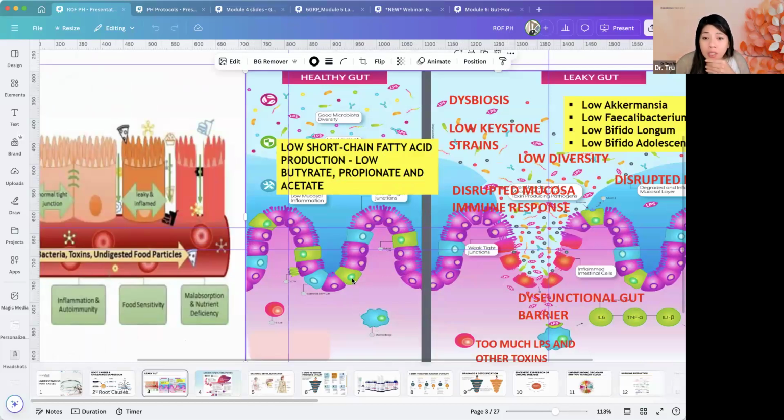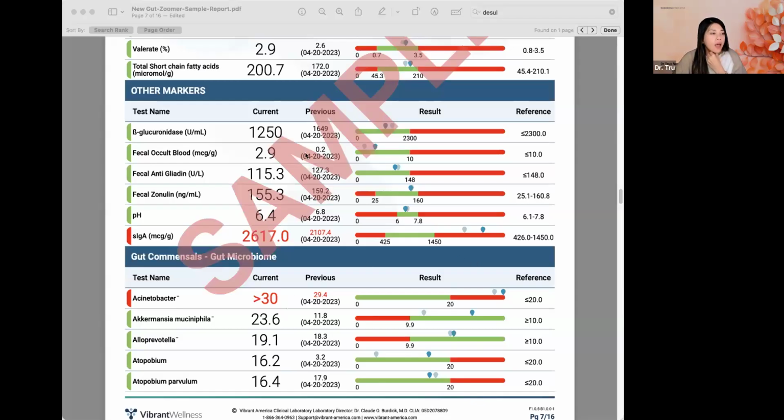Well, when there's damage to the gut lining, these zonulin proteins will be broken, and then they spill out into the bloodstream, into the stool, and that's how you pick it up, right? So when you see an elevated level of zonulin, you can deduce that there's a lot of epithelial cell damage and the proteins are spilling out. When fecal anti-gliadin antibody shows up, this is another marker that tests for leaky gut, like zonulin.